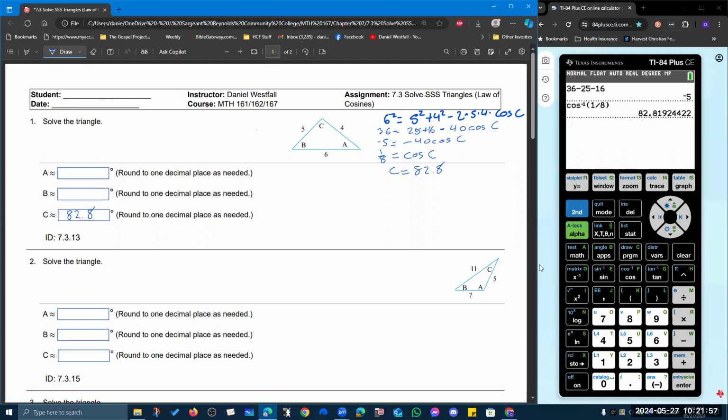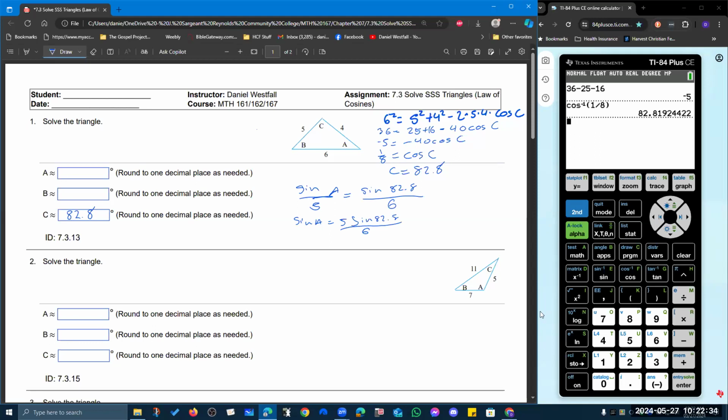So now we can use the law of sines going forward. So I have sine of 82.8 is to 6 as sine of A is to 5. So sine of A equals 5 sine of 82.8 over 6.